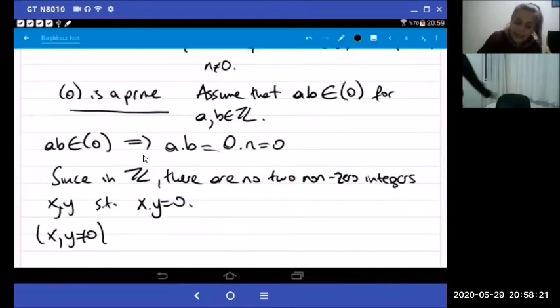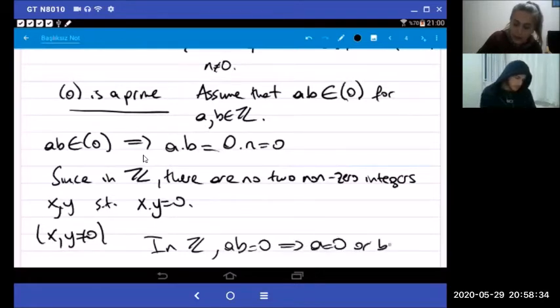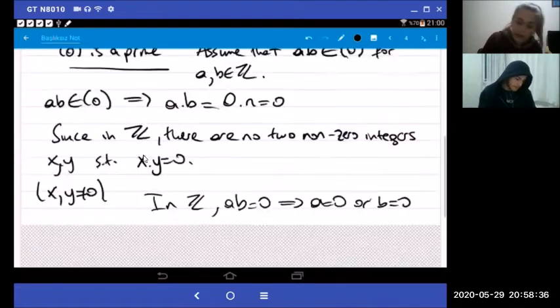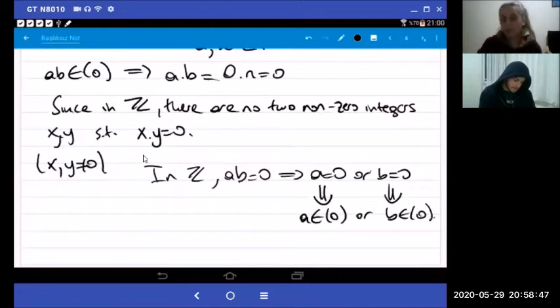Since in Z, a times b equal to 0 implies that a is equal to 0 or b is equal to 0, this means that either a lies in the ideal generated by 0 or b lies in the ideal generated by 0.